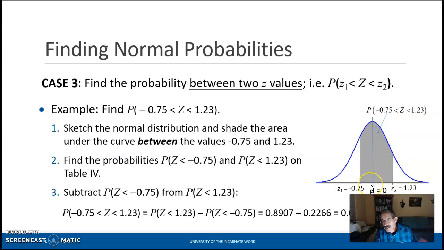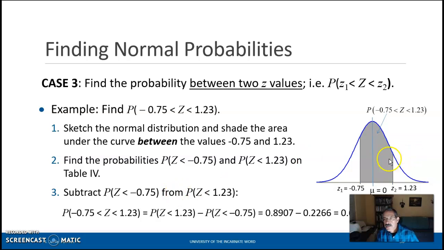Now if you see graphically, the probability that z is less than 1.23 includes all the area to the left of this value, all of this. And then the probability to the left of minus 0.75 includes this part. So you can see that if I subtract this chunk of probability from this overall probability, I end up precisely with the piece that I want.